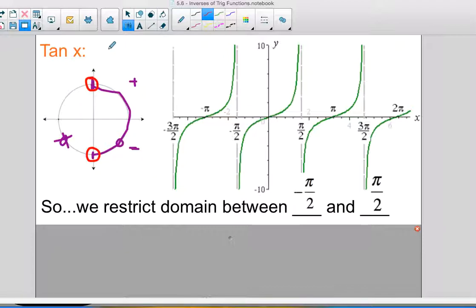With tangent, it's different because y over x, the y coordinate's still 1, but it's not 1 over 1. It's actually 1 over 0 because that's where the x coordinate is. And here it would be negative 1 over 0. So that's undefined. So it's still between negative pi over 2 and pi over 2, but it can't include those. You wouldn't put them in a bracket, it would be in parentheses because those would be undefined.